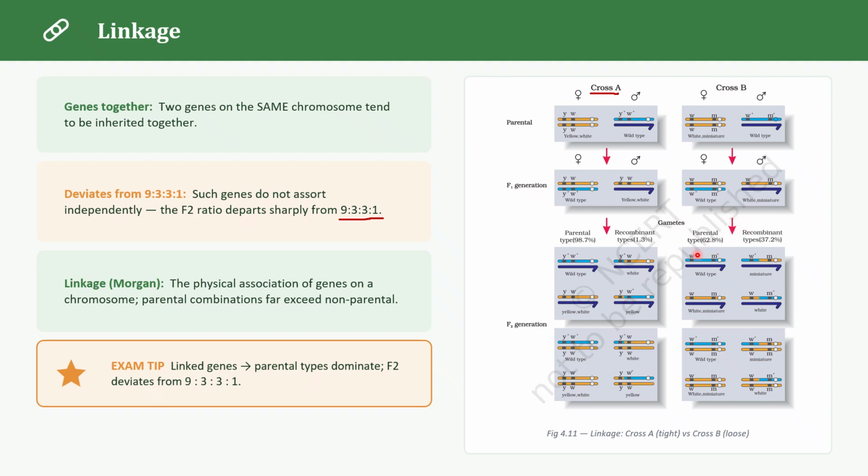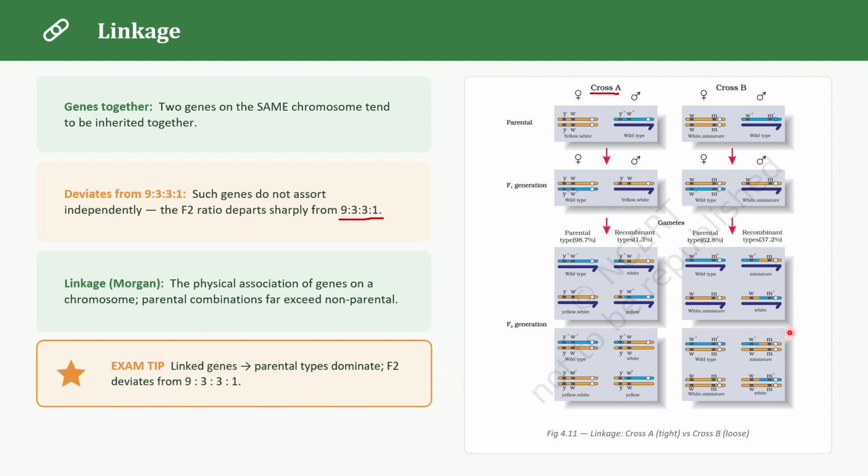Therefore, what was the parental ratio? 62.8 percent parental gametes were there, and how many recombinant gametes were there? 37.2 percent recombinant gametes were there. So this indicates loose linkage. And then what happened in the F2 generation?